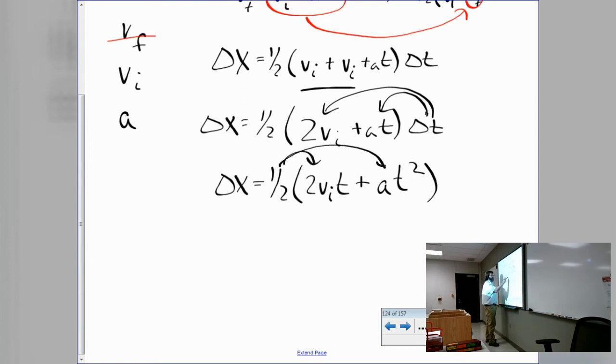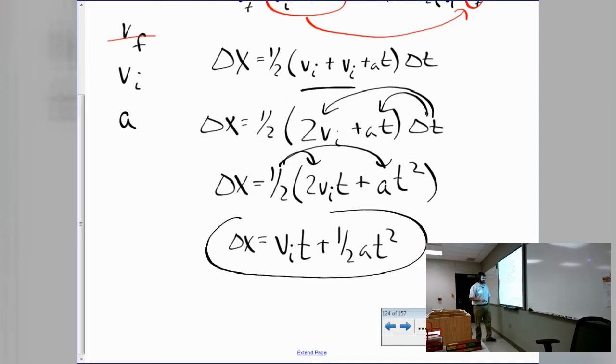And now I'm going to factor in the half as well. So then that becomes our displacement equals half times 2 would just be 1. So 1 velocity initial, I don't need to write the 1, times our time plus half a t squared. Now at this point in time, there's nothing else I can simplify. So this becomes our new equation.